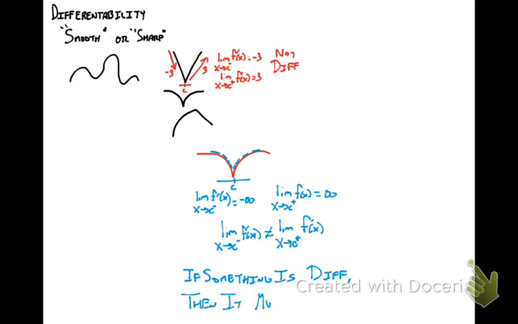If something is differentiable at a point, then it must be continuous at that point. So sometimes it's easier for me to know if something is differentiable at a point, and if I know it's differentiable at that point, then it must also be continuous. Differentiability implies continuity, but continuity doesn't tell you anything about whether or not something is differentiable.